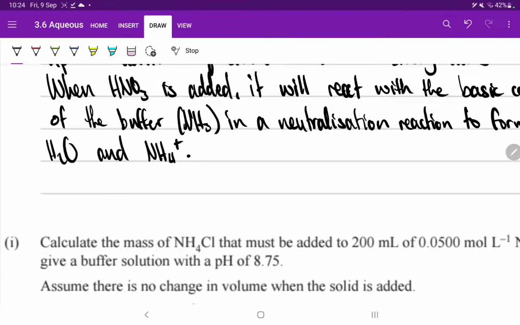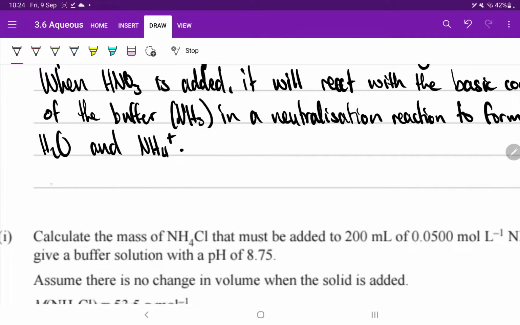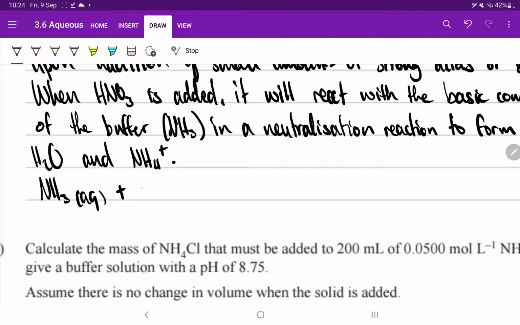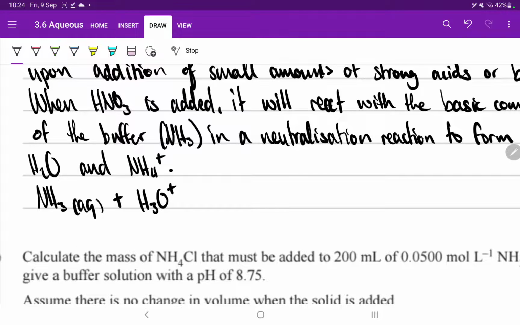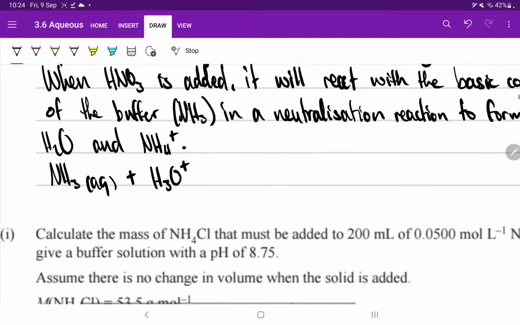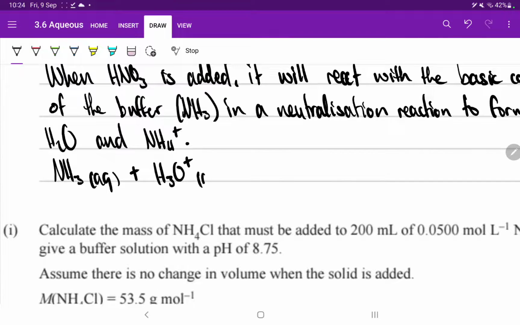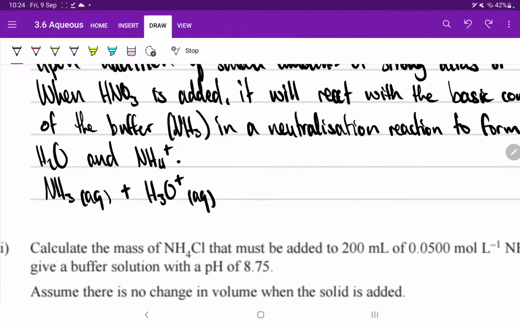What this looks like in the equation is our basic component, ammonia, reacting with acid, which we represent as hydronium ions. We don't necessarily want to write nitric acid, because it's easier to show a neutralization reaction with pure acid particles, and nitric acid is a strong acid, so it will fully dissociate into hydronium ions.